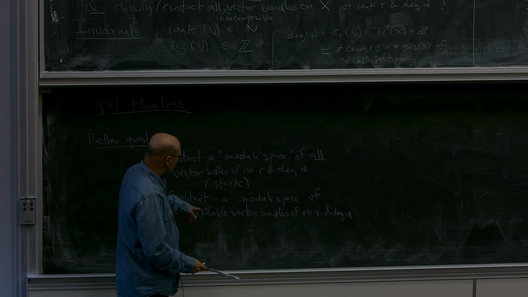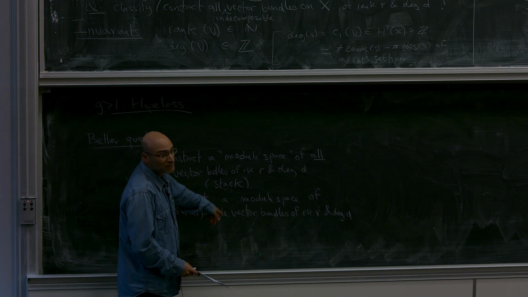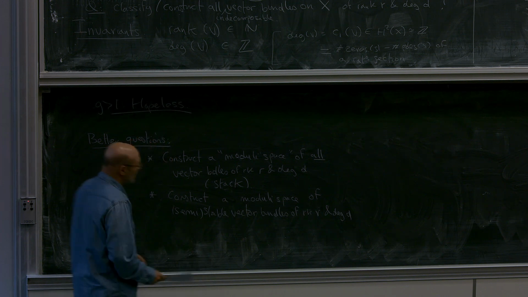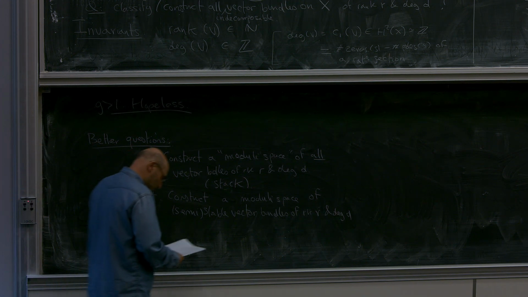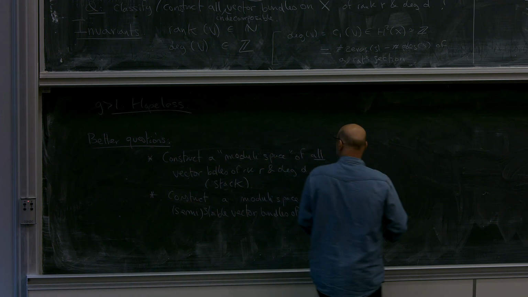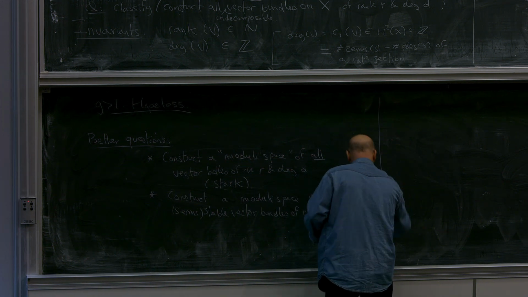And you will get, after some work, a nice, smooth projective variety that you can study. So this is what people have been doing for a long time. But I insist on doing something else that's a bit strange.